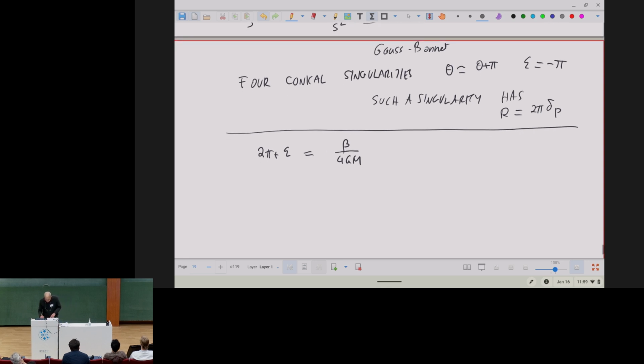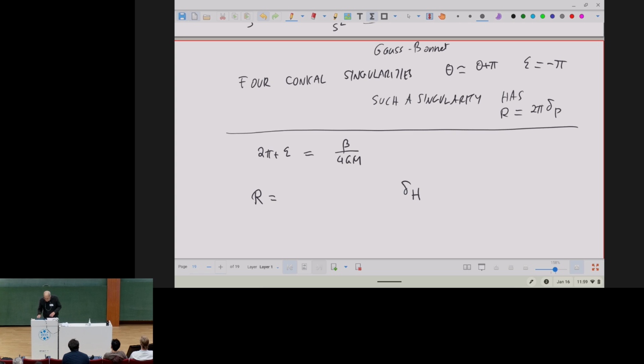So the scalar curvature now has a delta function on the horizon. In 2 dimensions, the apex of the cone was just a point. But here, we have a cone in the directions normal to the horizon, but the singularity is supported on the whole horizon. So we have a delta function on the horizon, but by the symbol delta h, I mean a delta function that integrates to 1 over the directions normal to the horizon.